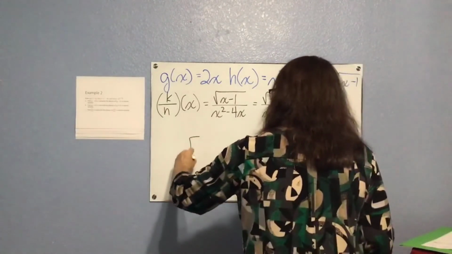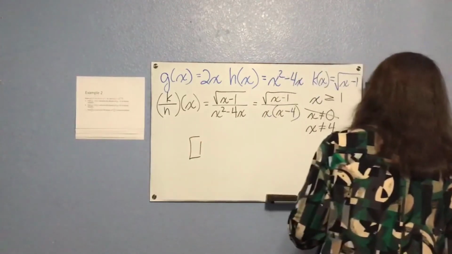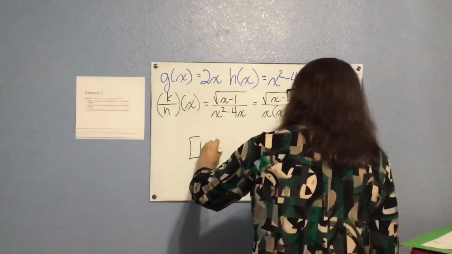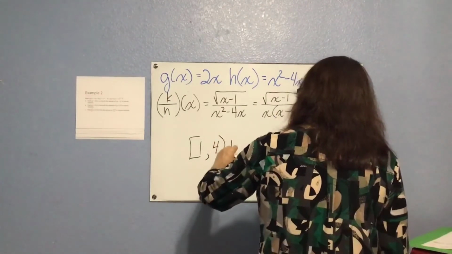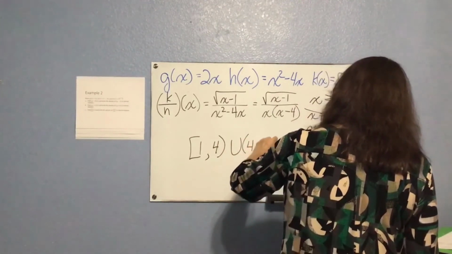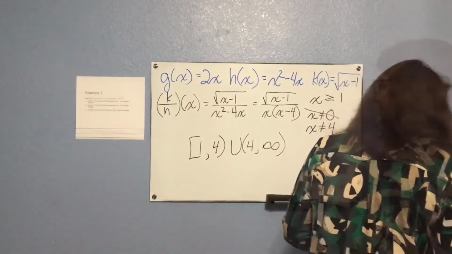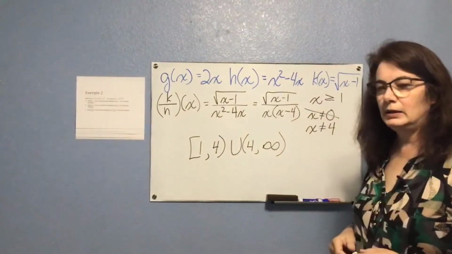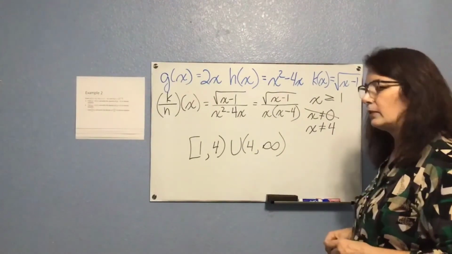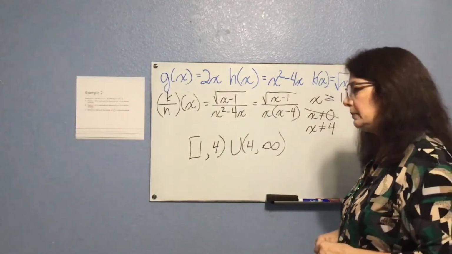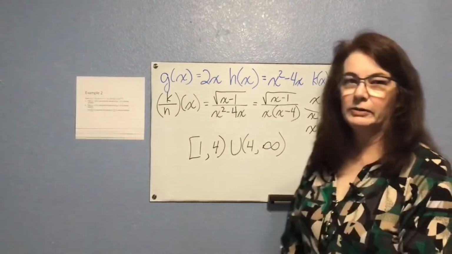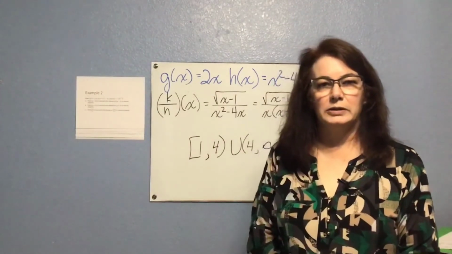I'm going to start at positive 1 and go right up to 4, but not include it. And then I have another part that starts at 4 and goes to infinity. So this is what we call combining functions, using the four different basic operations of math. Pause the video now and work on checkpoint 2.